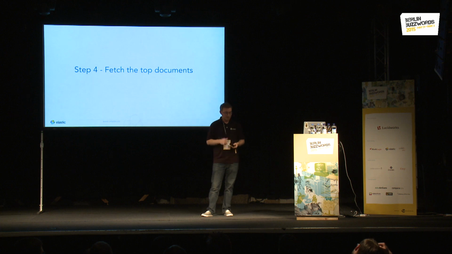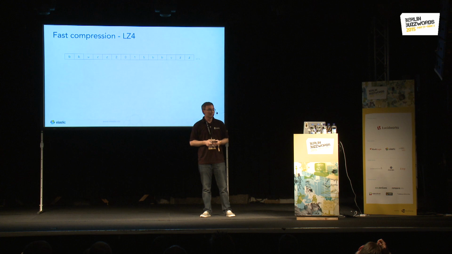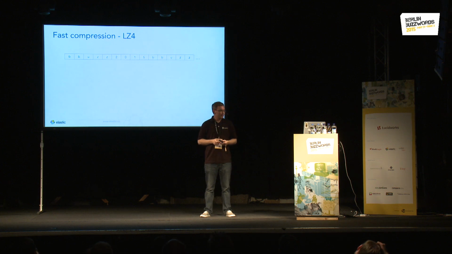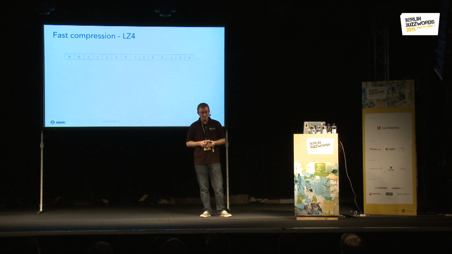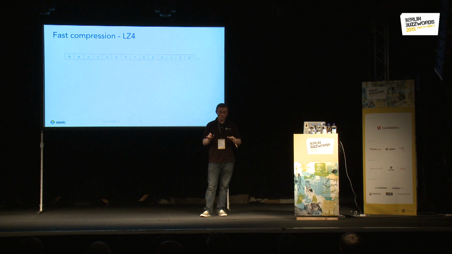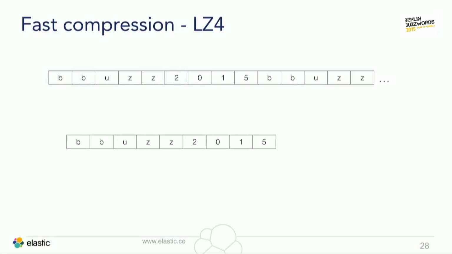There are two different techniques that are used. We first have LZ4. LZ4 is based on LZ77. And in general, the way it works, this is not going to be very exact, but we're going to start by writing out, we have bbuzz 2015 bbuzz.